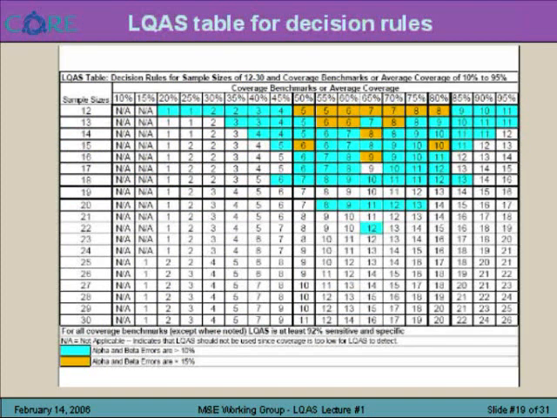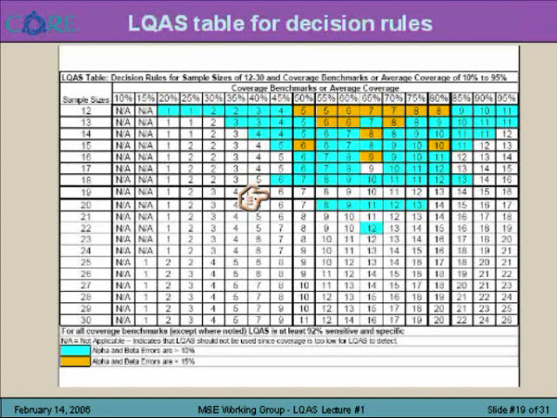So based on this information, we can go back to the LQAS table for decision rules and identify that for our average coverage of 44.2%, that is the column marked 45%, and with a sample of 19, we will have a decision rule of 6.